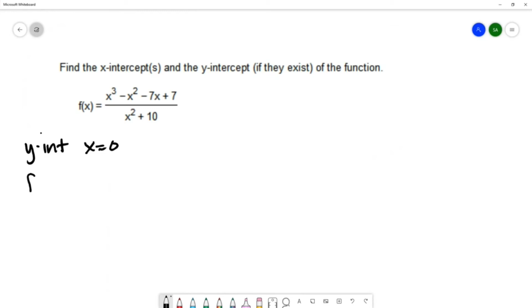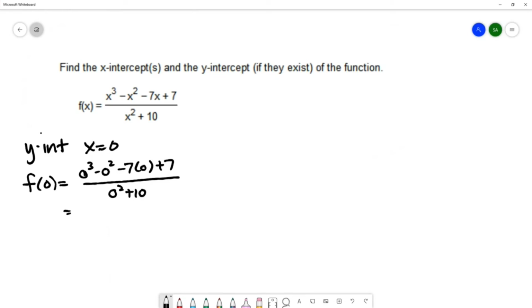So I want to substitute a 0 into the function, and that's going to give me 0 cubed minus 0 squared minus 7 times 0 plus 7 over 0 squared plus 10.